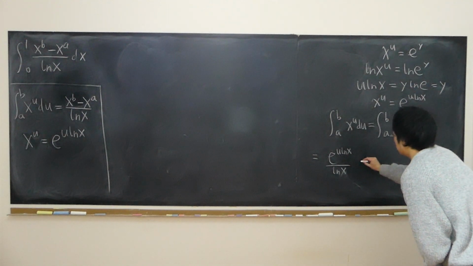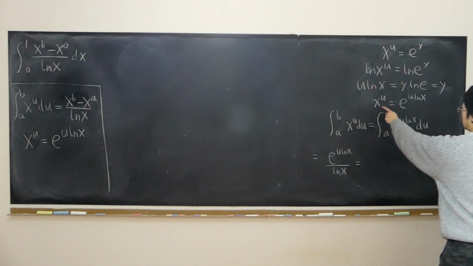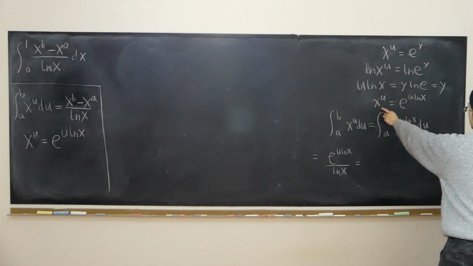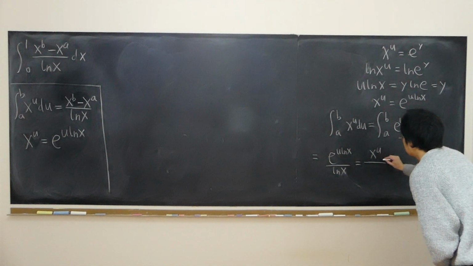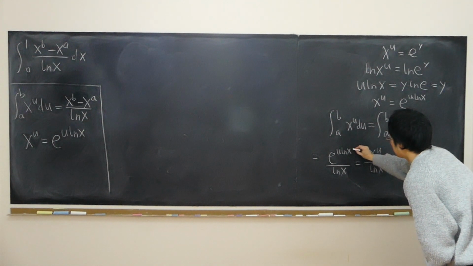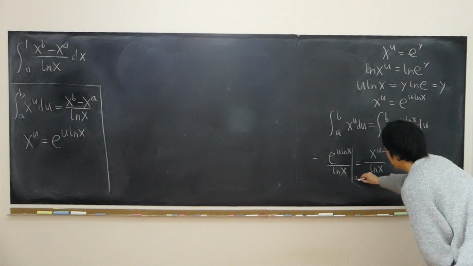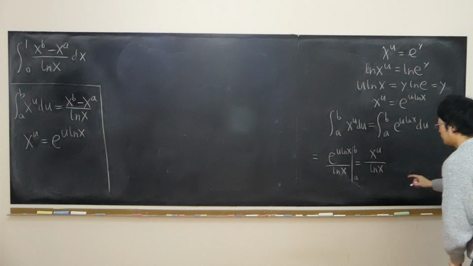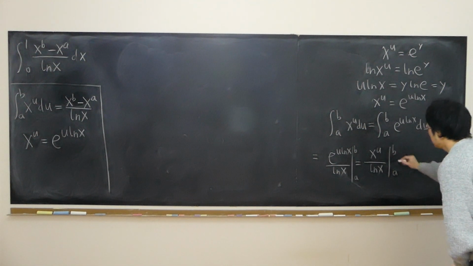Okay, so then again we replace the top with this thing, x to the power of u over log x. Remember, here we say lower bound a, upper bound b.